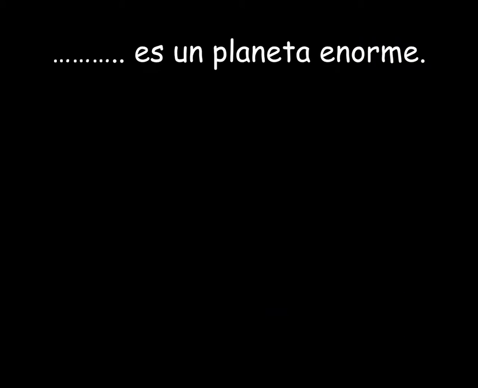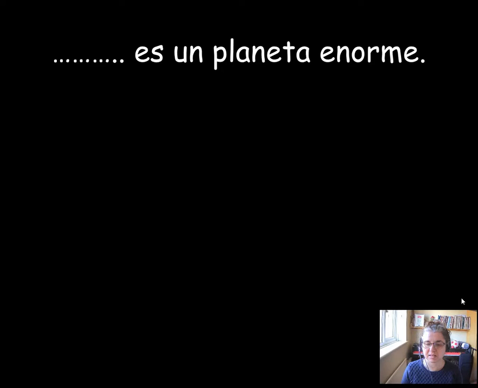Now, let's use all of that knowledge to see what it tells us and what we can work out about these sentences using adjectives. So here's the first one. It says something or other es un planeta enorme.